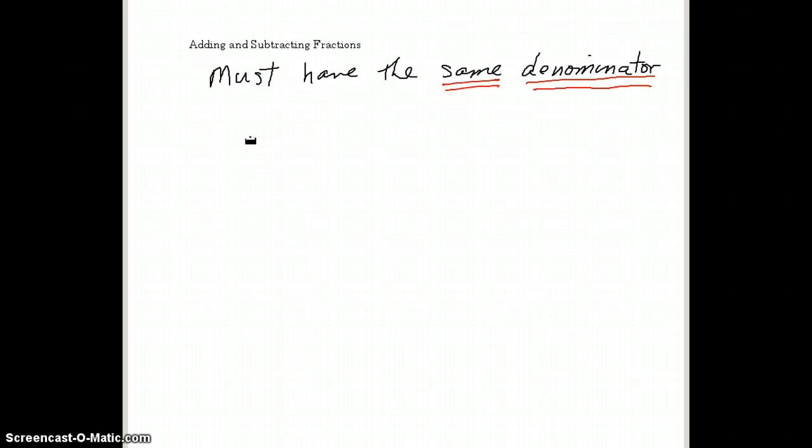Let me give you an example. If I took 1/4 and added 1/4, they have the same denominator, so it's very simple. I just take each numerator and add it. So I take 1 plus 1, and I put that over the common denominator, 4.